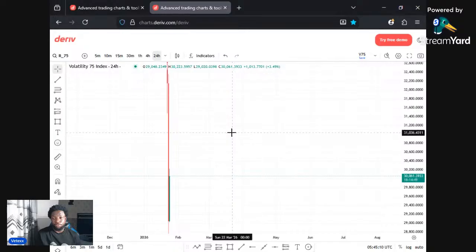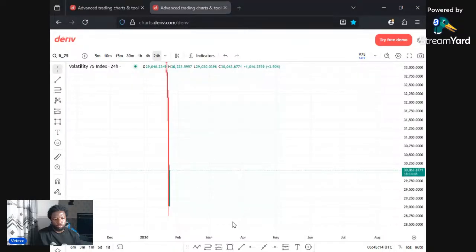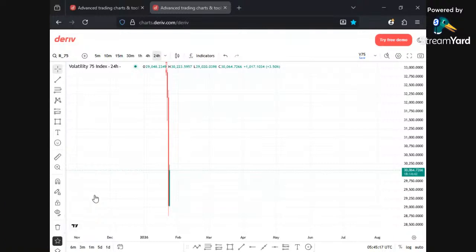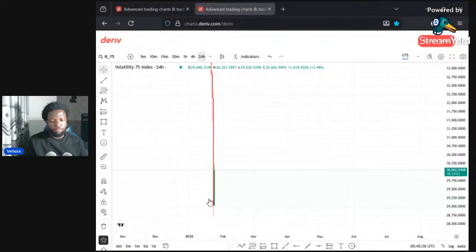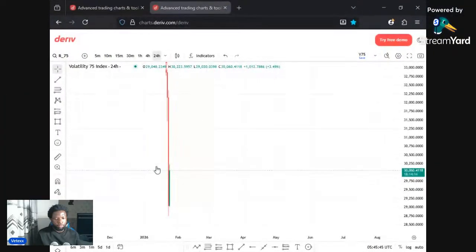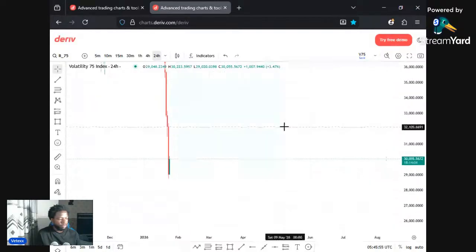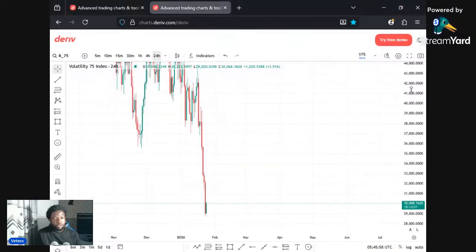It has been on a really bearish move. So this is what we're going to be having. Now currently this is what price is showing us.